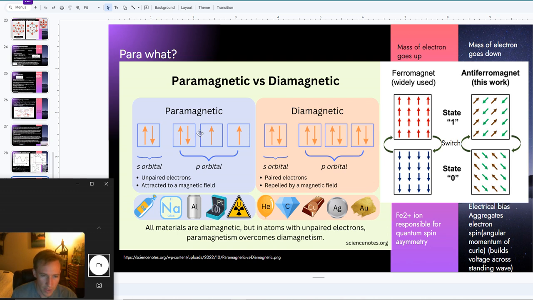So you can see that this has an up and an up over here in this p orbital, and you have these unpaired electrons. It wants to form a Cooper pair, a yin and a yang, and so it's attracted to a magnetic field, because a magnetic field is a cross product of two E fields, which is driven by a scalar potential wave, which is like this, either standing waves or these like compression ether waves that are interfering in a superposition pattern.